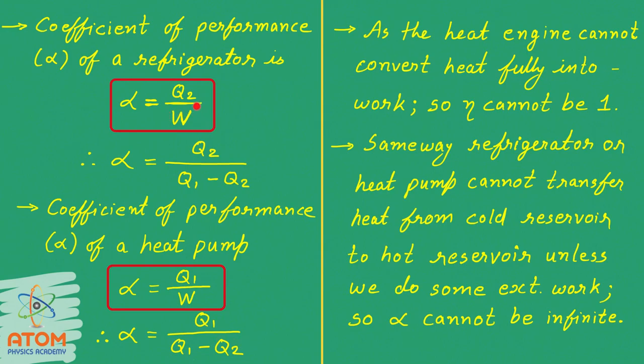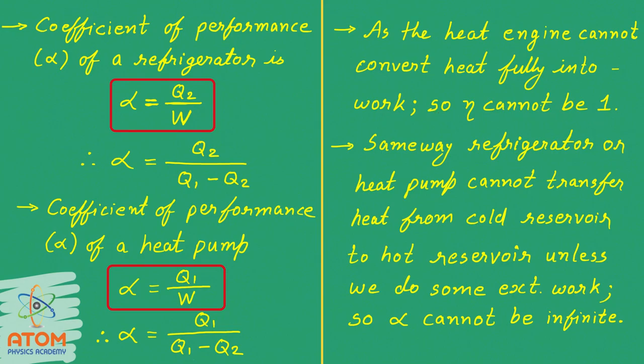From both of these equations we can say that if somehow the work W is 0, then alpha will become infinite, right? Keeping this point in our mind, let's move forward. As the heat engine cannot convert heat fully into work, the efficiency eta cannot be 1.